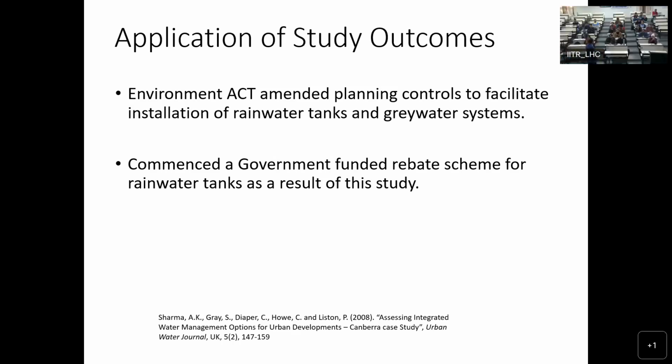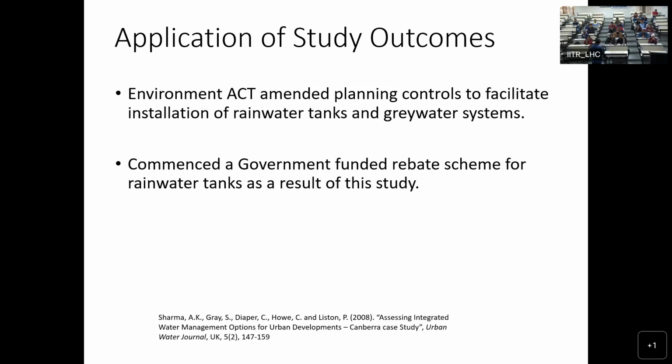It is not possible to achieve all those outcomes in a single day, but they changed their policies and started providing subsidies to encourage residents to install rainwater systems.